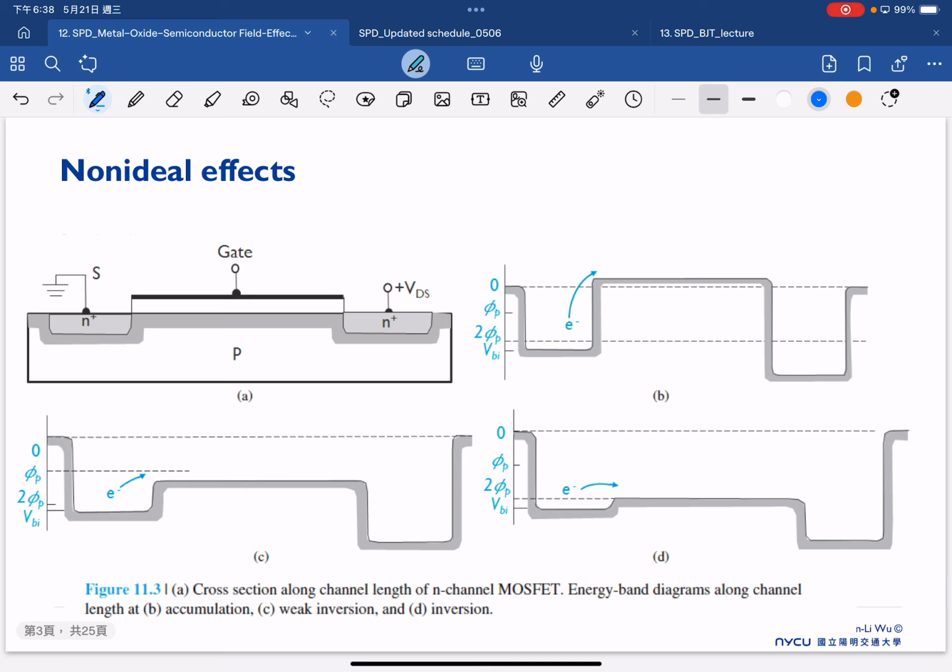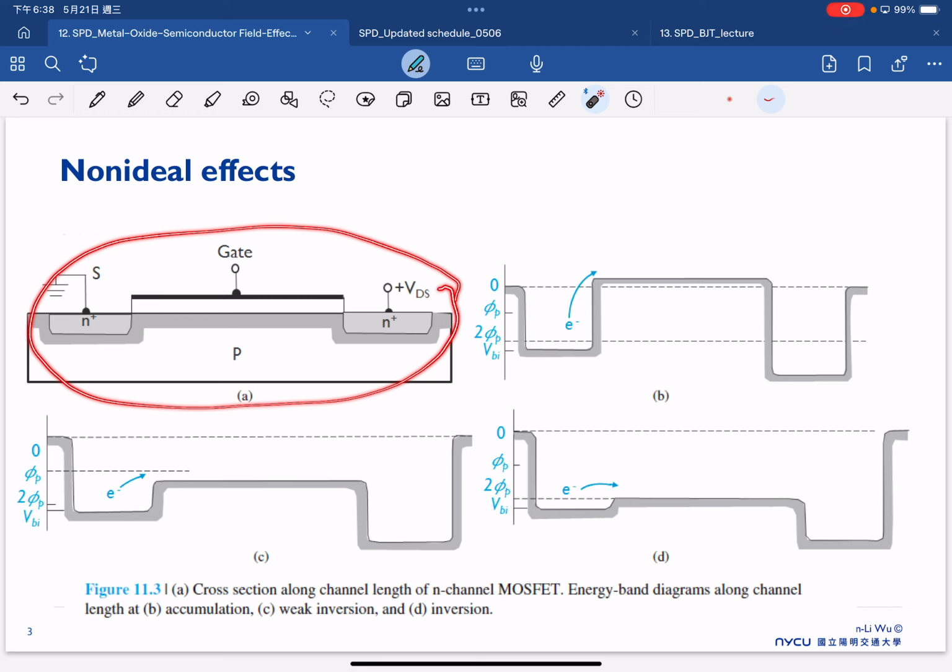And furthermore, we can consider the band diagram. This is another way to illustrate it. Previously, we only considered the band diagram in one particular region. But we can also consider the band diagram across the whole transistor, where we have the source, gate, drain as shown here.